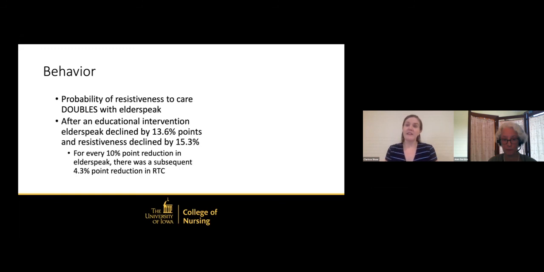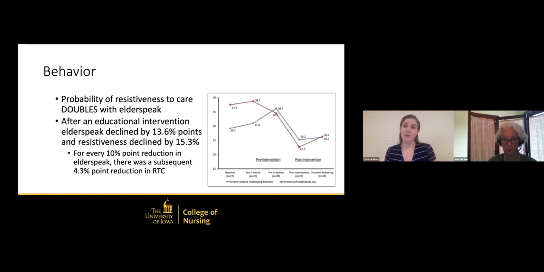Now, when they looked at this in a randomized control trial where they measured resistiveness and elderspeak prior to an intervention, did the intervention to provide education to lower elderspeak, and then measured elderspeak and resistiveness afterwards, they found that the intervention both reduced elderspeak by the nurse and subsequently reduced resistiveness by the patients with dementia, somewhat showing that causal relationship between elderspeak and resistiveness to care.